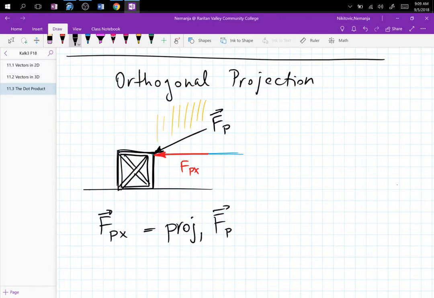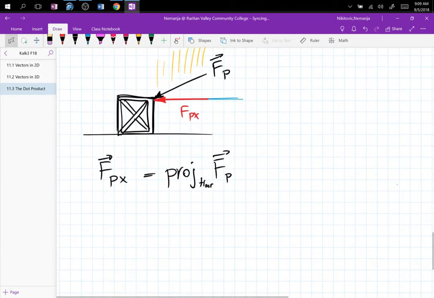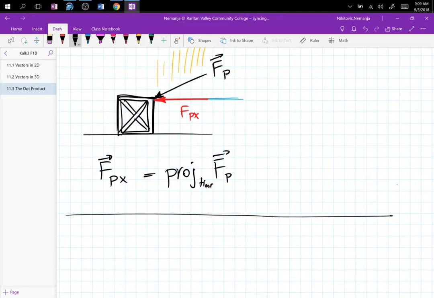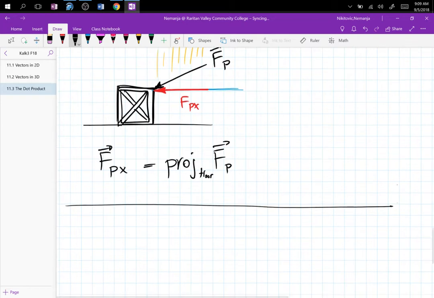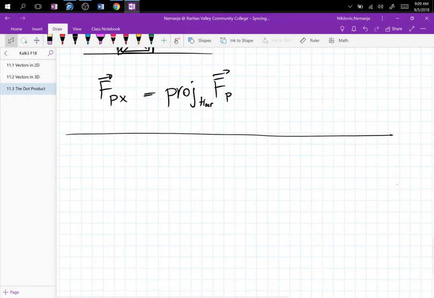Onto the floor, because that's parallel to the floor, and that's the component that does the work. So that was the explanation of where you find this in physics, one of the easiest examples, obviously. But in mathematics, we are free to have this oriented in any way we want in space.